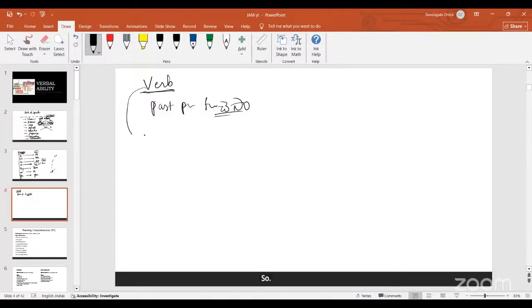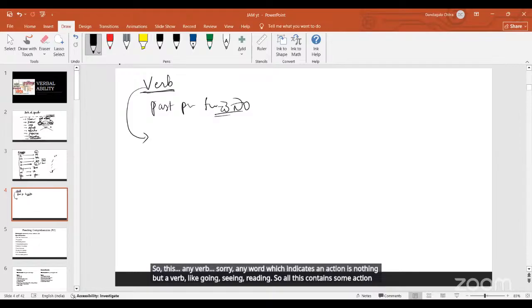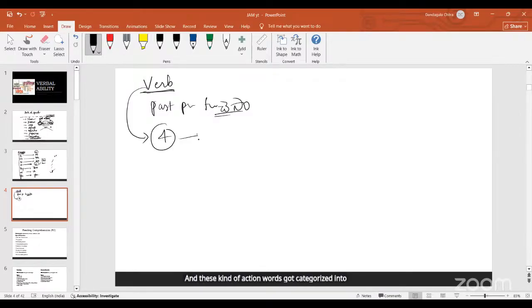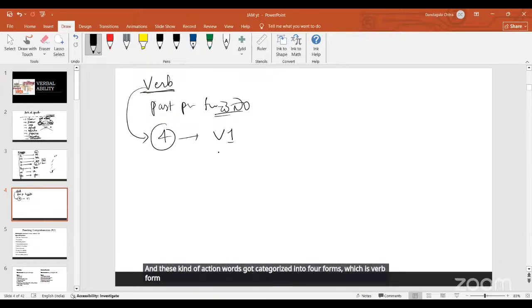In the same way, here action words are going to change in different forms by using the root word, according to past, present, and future. Any word which indicates an action is nothing but a verb, like going, seeing, reading. All of these contain some action. These action words got categorized into four forms: verb form 1, verb form 2, verb form 3, verb form 4.